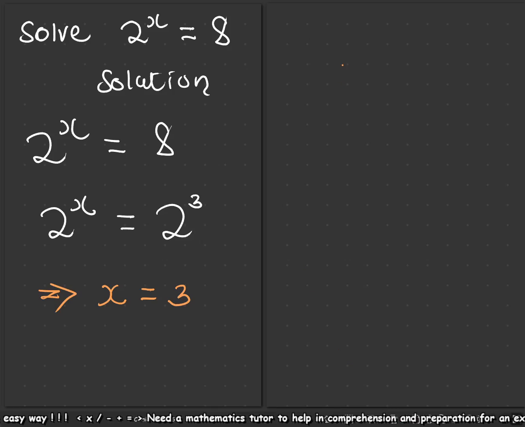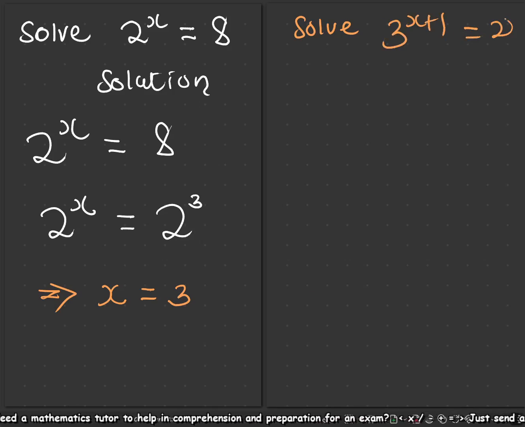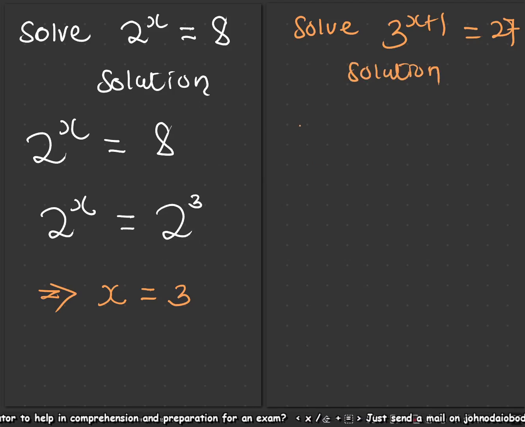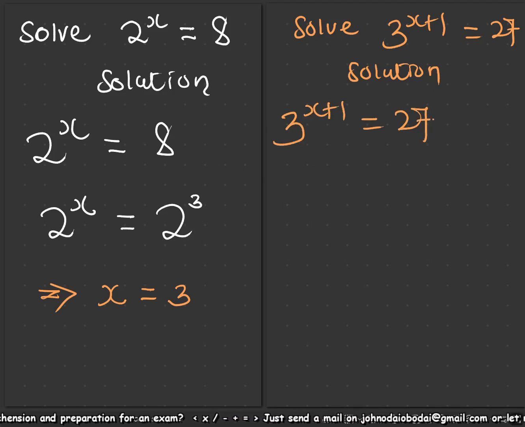Let's try this other example, which is 3 raised to the power x plus 1 being equal to 27. First of all, we have to rewrite our 27. It also looks like a number with a base of 3.